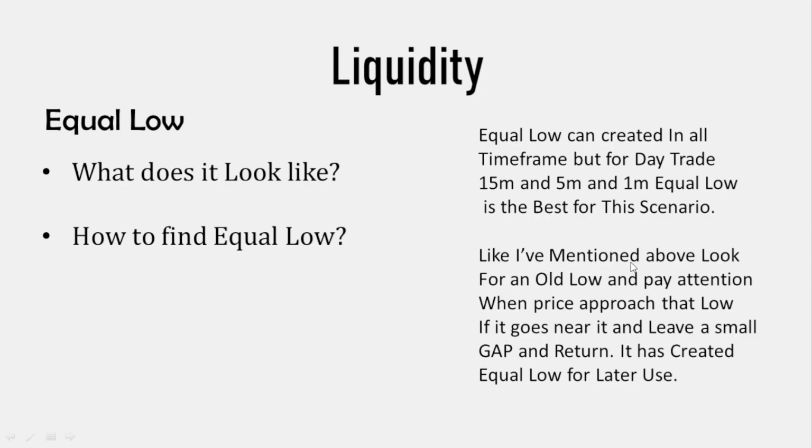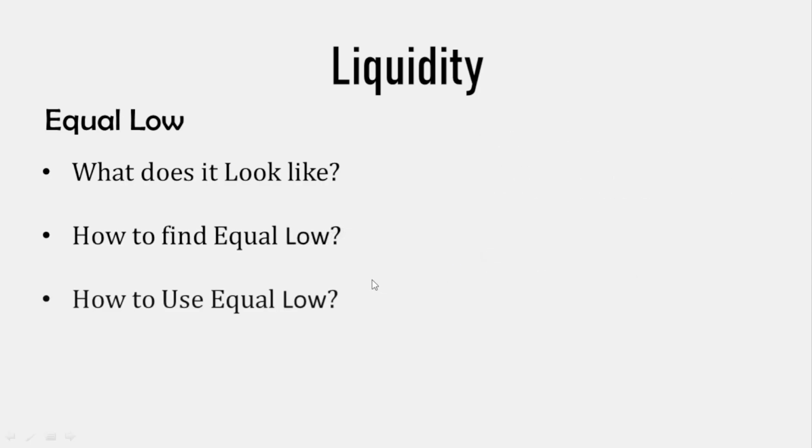Like I mentioned above, look for an equal low and pay attention when price approaches that low. If it goes near it, leaves a small gap and returns, meaning it goes to the downside, leaves a small gap and returns back to the upside, it has created an equal low for later use.